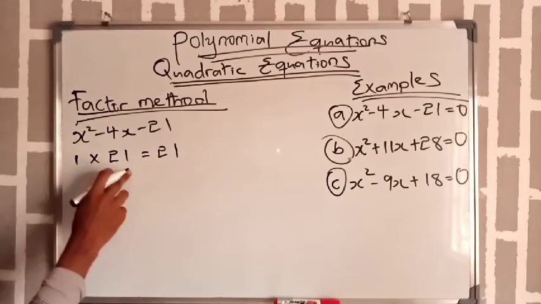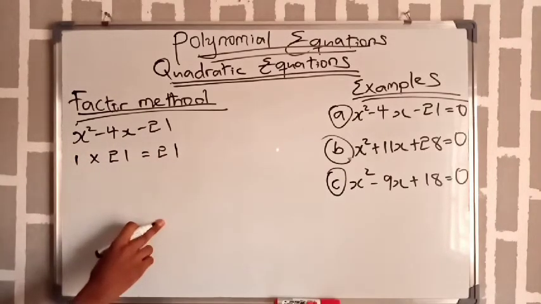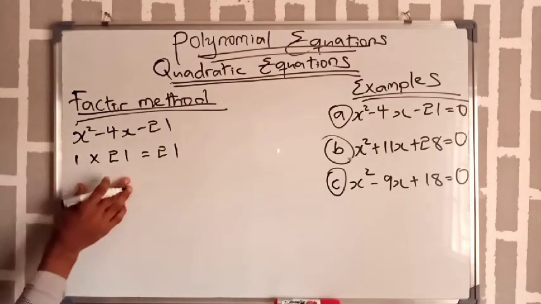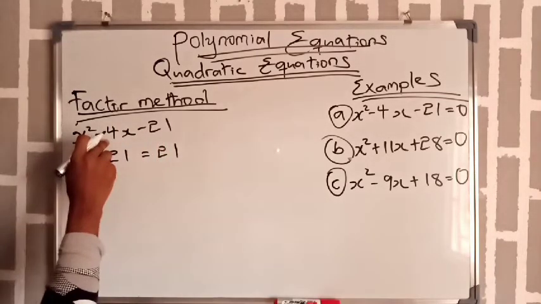So we multiply these two now and we got 21. So now you have to look for numbers which, when you multiply them by themselves, give you 21, and when you add them up, they give you 4.